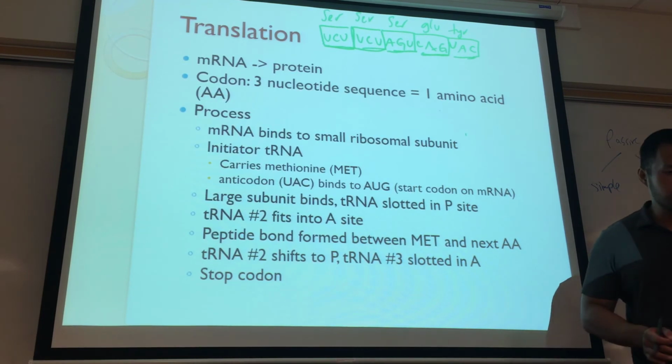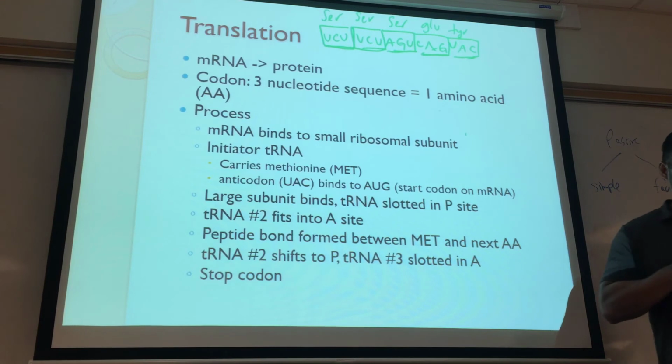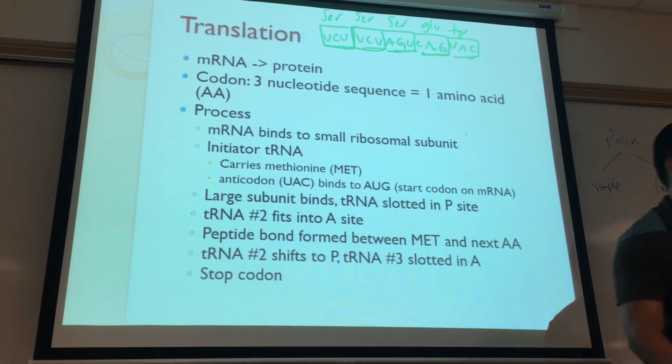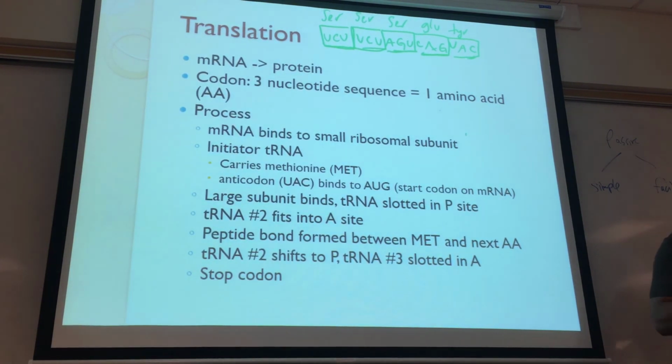You'll notice that UCU, UCC, UCA, and UCG all encode for serine. And for serine, you also saw AGU and AGC. So any of those triplet codons will still create serine. So there is a lot of redundancy in our DNA, in the nucleotide sequences, to produce that amino acid.